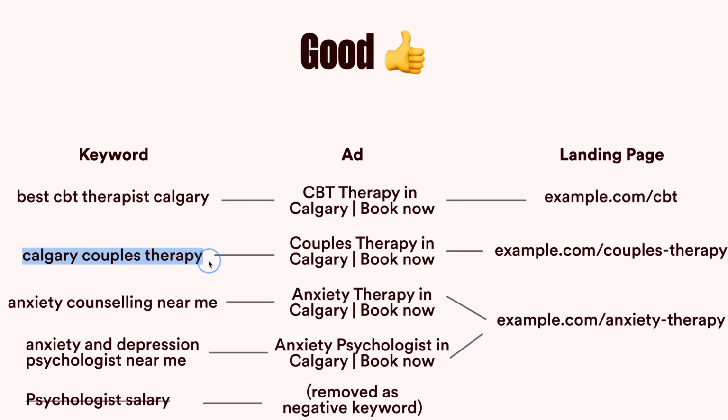And the same for couples therapy. The ad is a couples therapy ad, and the landing page is a couples therapy landing page. For anxiety, maybe you have different keywords like "anxiety counseling near me" and "anxiety and depression psychologist near me."